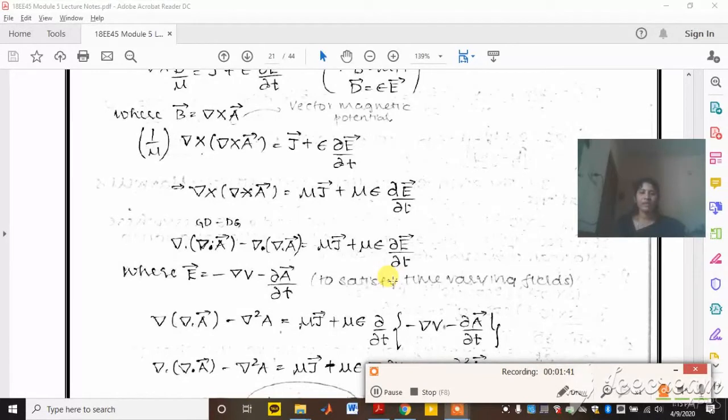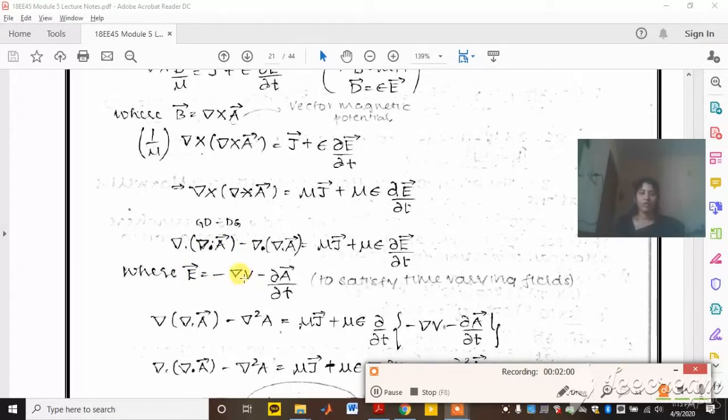And what is the relationship between your electric scalar potential and electric field intensity? We know that E is equal to minus divergence V, because it satisfies. If you put only E is equal to minus divergence V, it satisfies only for your steady field.